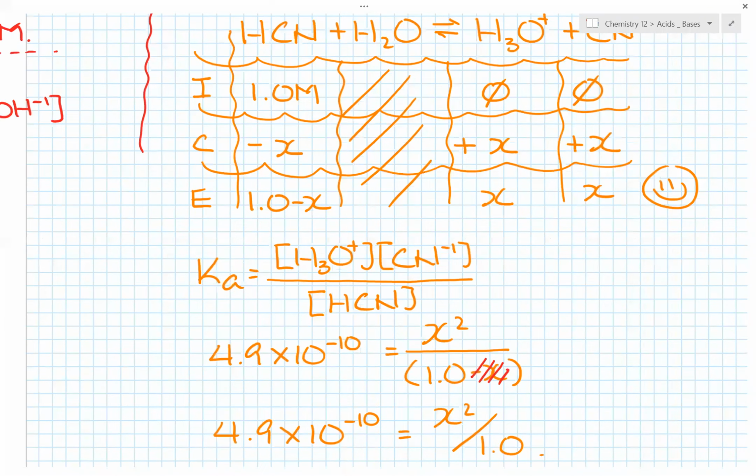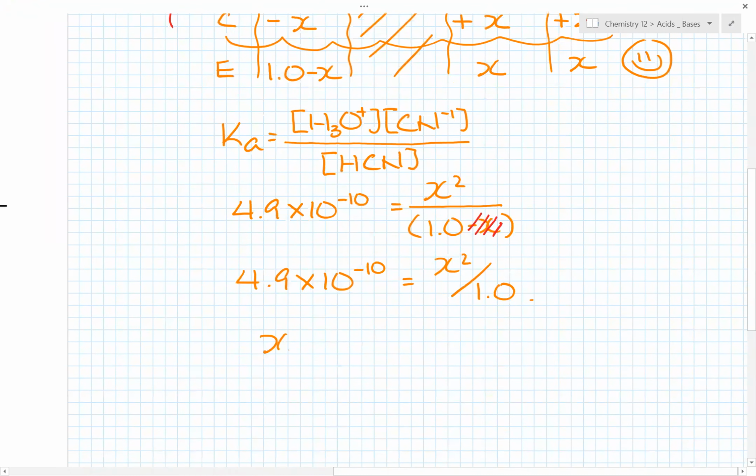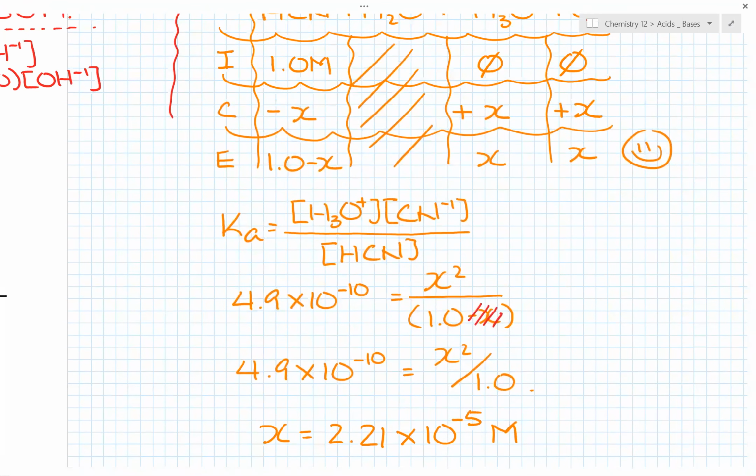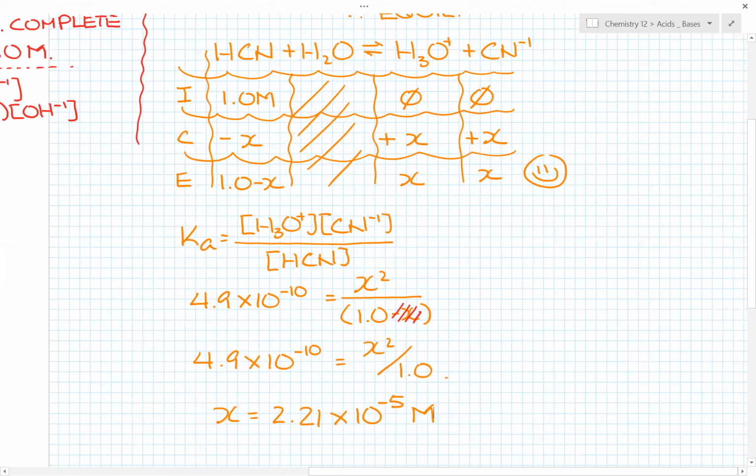Solving for X, X is the square root of 4.9 e negative 10, and you get 2.21 times 10 to the negative 5 molarity. That is the concentration of H3O plus, because that is what you're solving for.